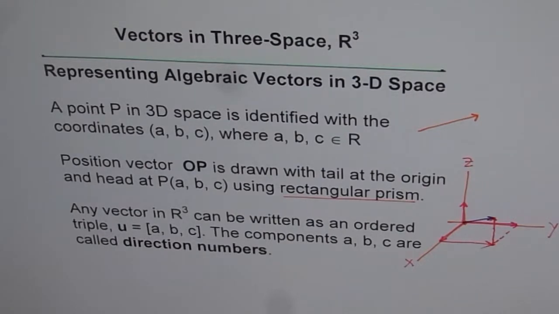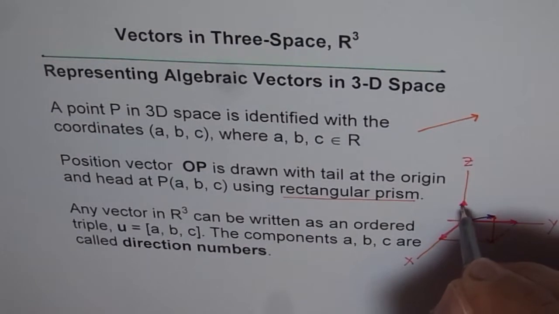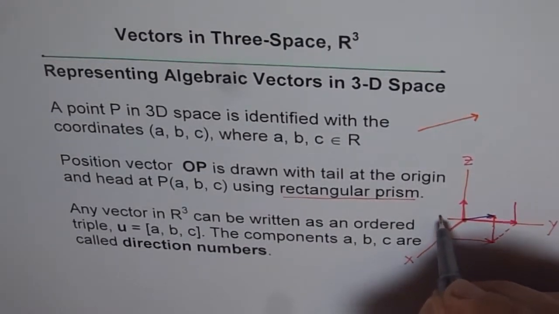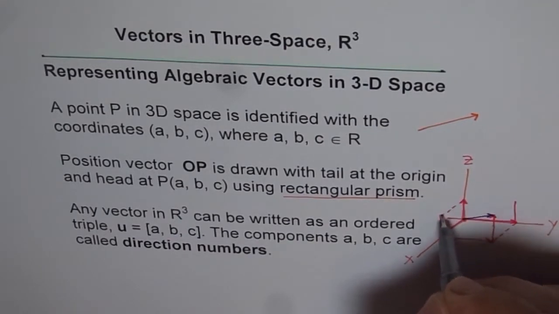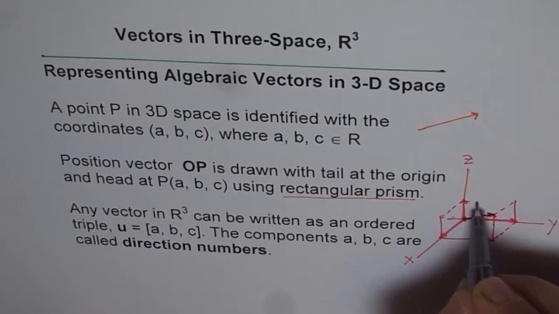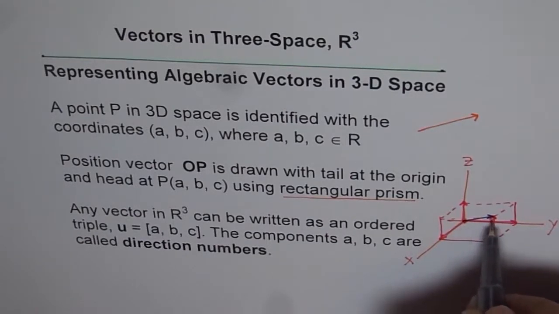Now to really see how it relates to our rectangular prism, let me complete this rectangular prism. So let me go C units up from all our points, right? So if I do that, then see what comes up. So that is the rectangular prism. As now you can appreciate this in 3D.